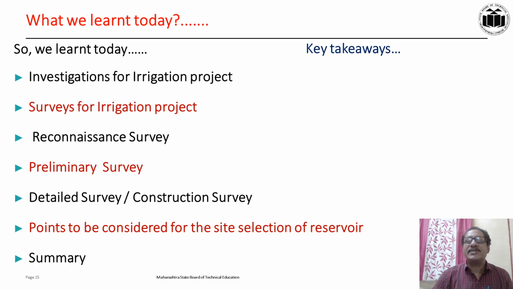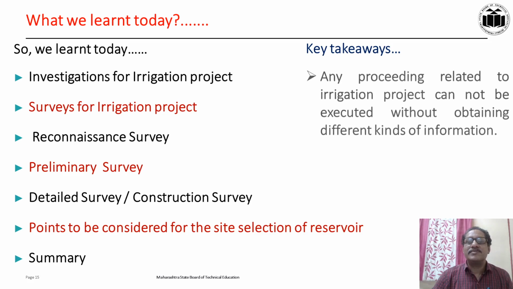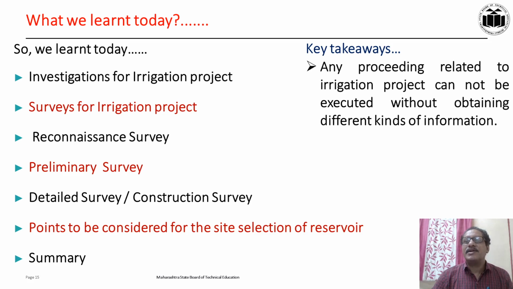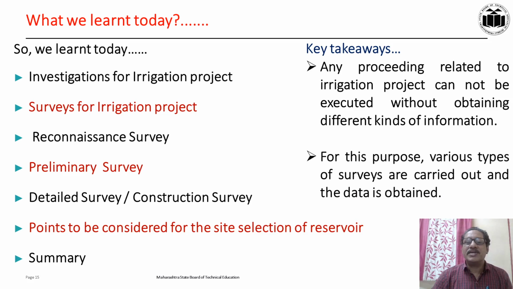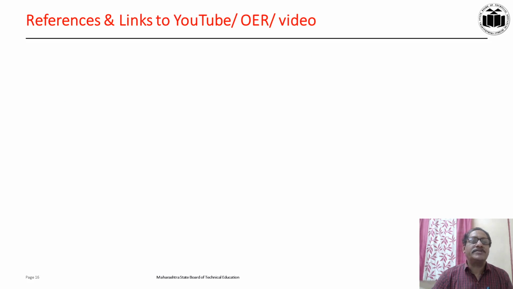As far as the key takeaways from the topic are concerned, any proceeding related to the irrigation project cannot be executed without obtaining different kinds of information. For this purpose, various types of surveys are carried out and the data is obtained.